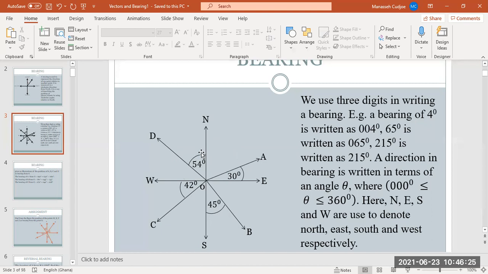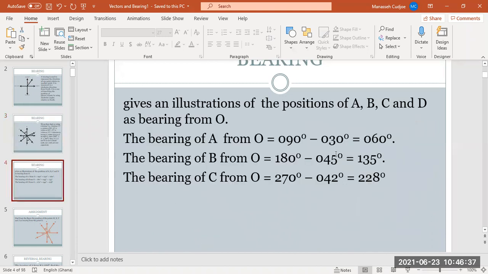So 270 plus 36, if you add, that should give us the bearing of D from O. Great. I managed to write those angles that we explored over here.